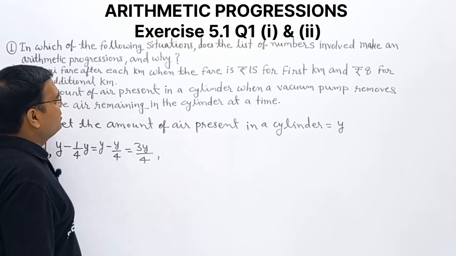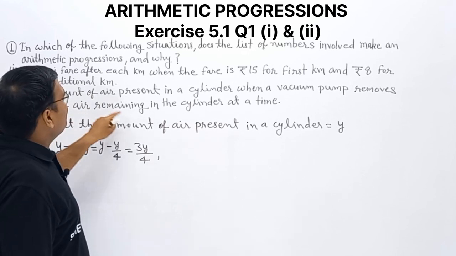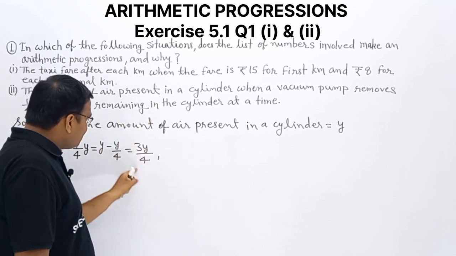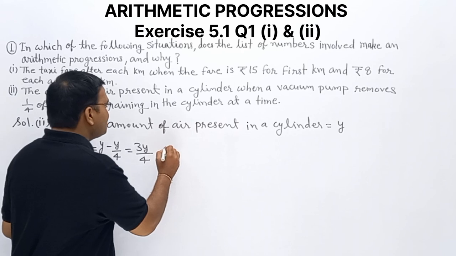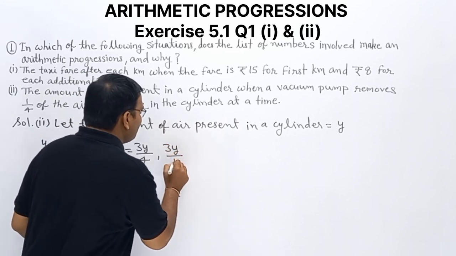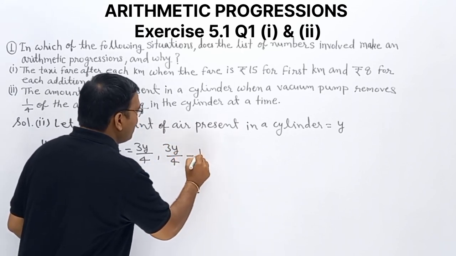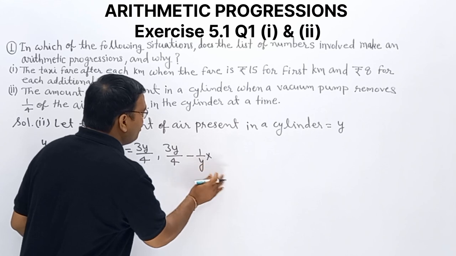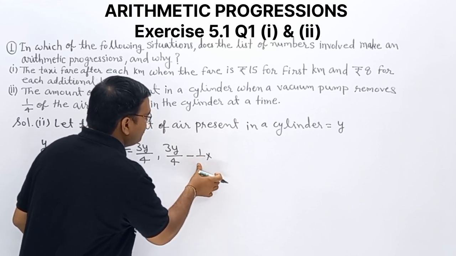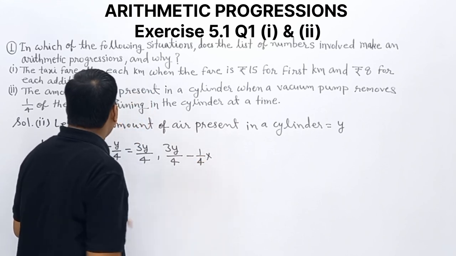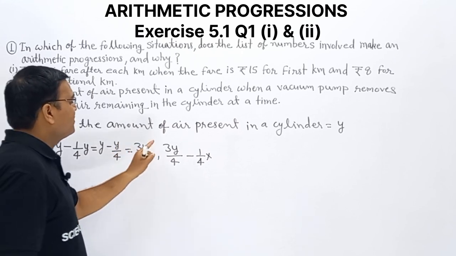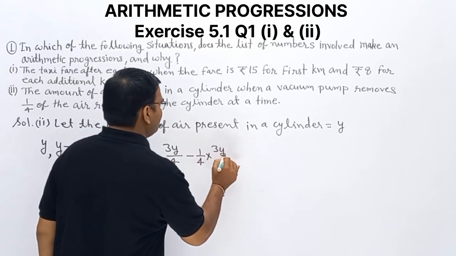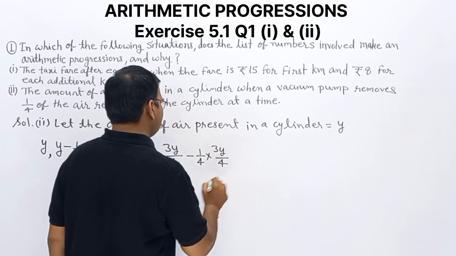How will we find 1/4 of the air remaining in the cylinder? Now in the cylinder we are having this air, so this minus 1/4 of the air remaining in the cylinder. What air remains in the cylinder? 3Y upon 4.